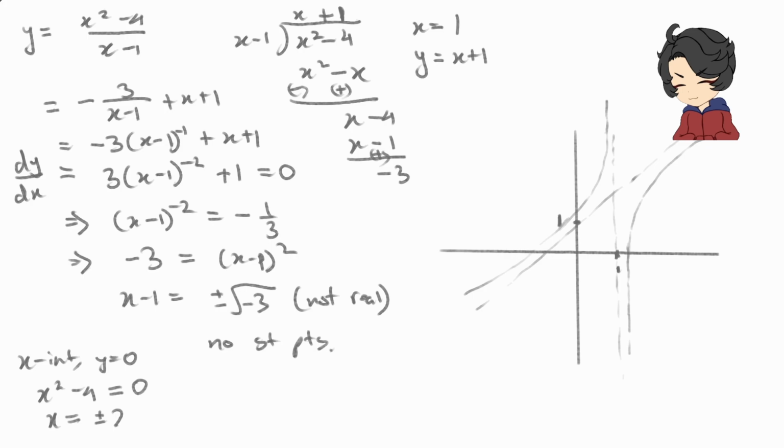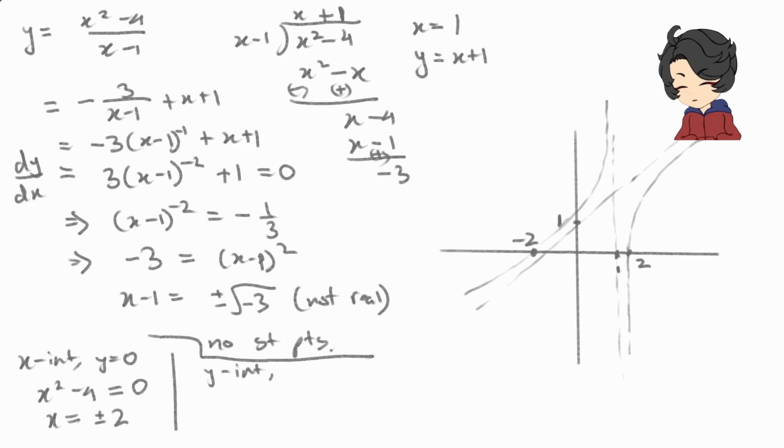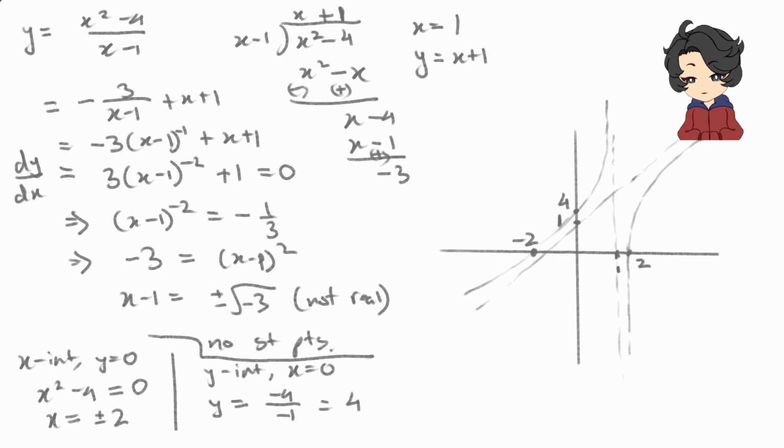And then x is plus minus 2, which means that this is 2 and this is minus 2. Then for the y-intercept, we have x equals 0, which means y equals minus 4 divided by minus 1, or in other words, just 4, which means this is supposed to be 4. So technically speaking, there should be a bit more of a gap in my sketch. But it's no big deal.